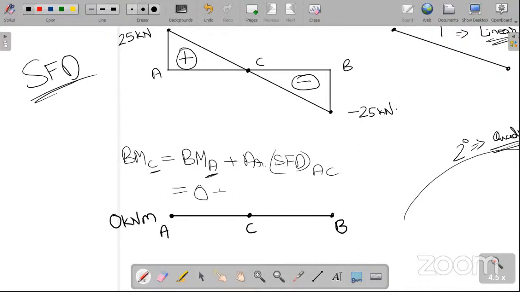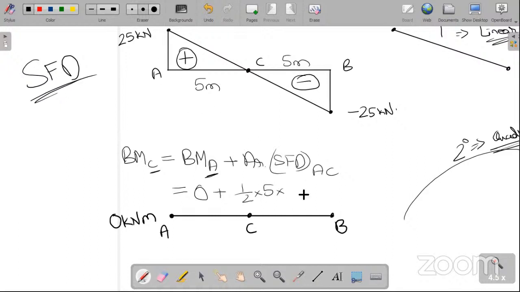It is 0. What is the area of shear force diagram from A to C? It's a positive area, so everything will be positive. It's a triangle. So what's the area of a triangle? Half into base into height. What is base? This is 5 meters, and this is also 5 meters. So base is 5 meters.